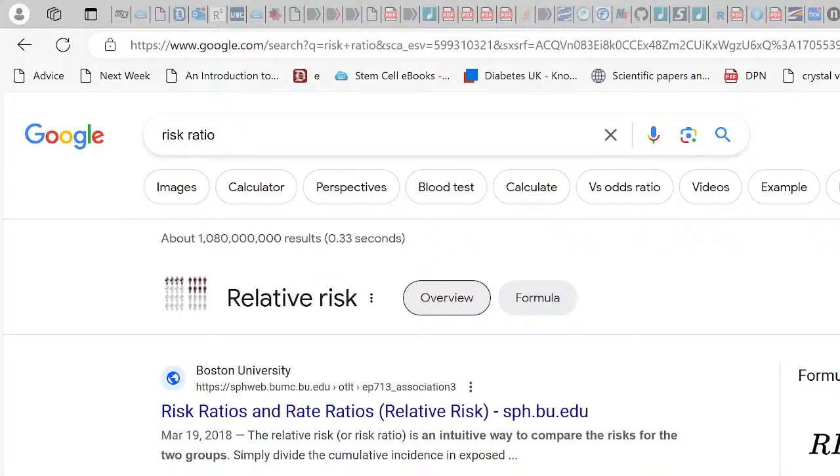The relative risk is 2.9. That is a way in medicine of measuring the impact of one group to the other. We take the ratio of those two statistics. 8.1 divided by 2.8 is about 2.9.